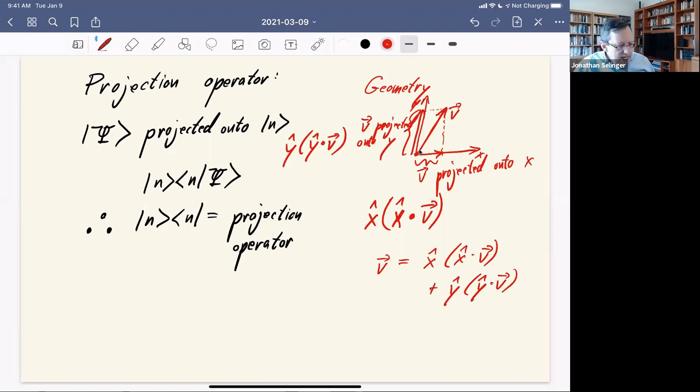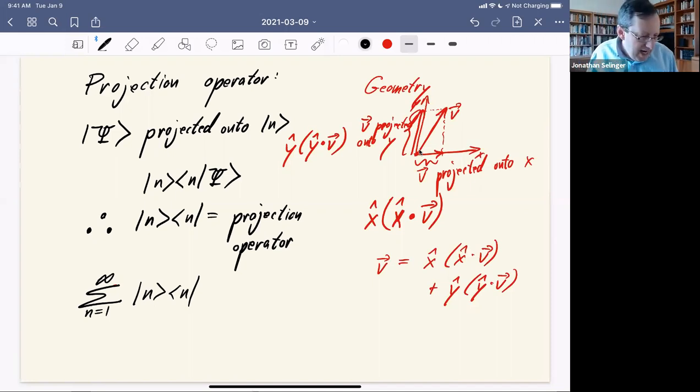It's like that in Hilbert space also. So in Hilbert space, we could ask, what is the sum over all n of the projection operator in the n direction?